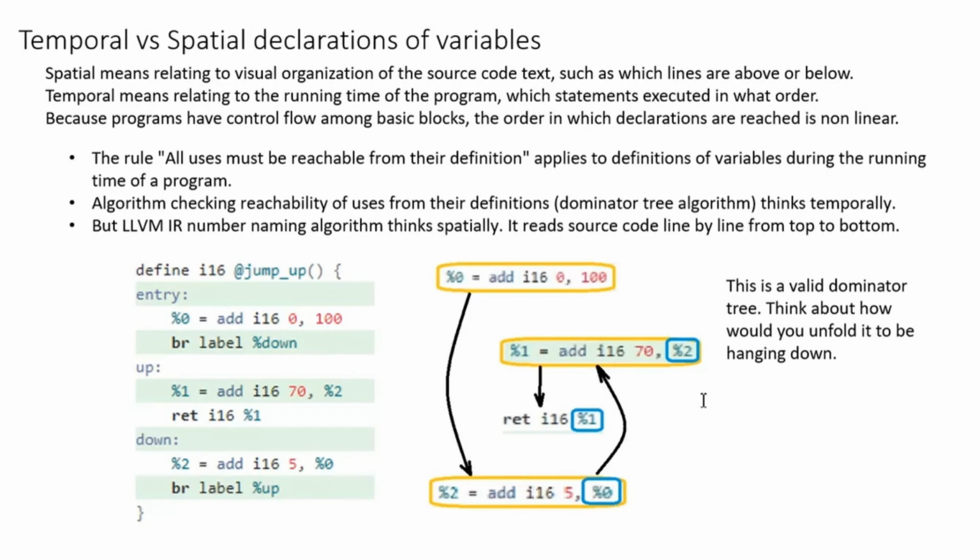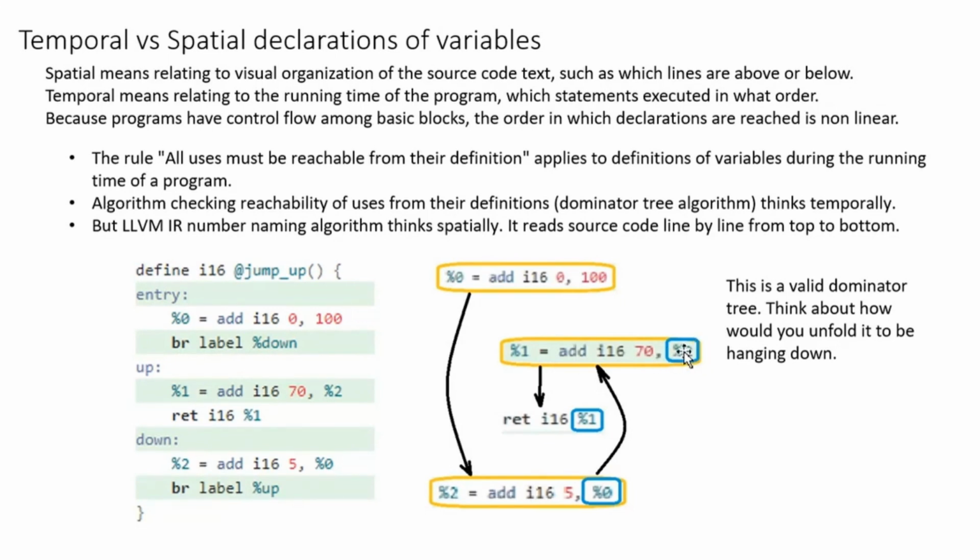Although it might seem at first that this rule might be violated because we are using %2 above its definition, remember, since the definition of %2 gets executed first, the use of %2 is temporally later. Therefore, the rule is not broken, because we first go to this basic block, first we declare the variable %2, and only then we use it.